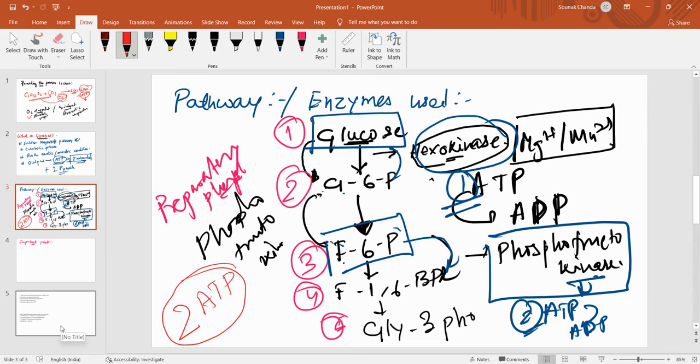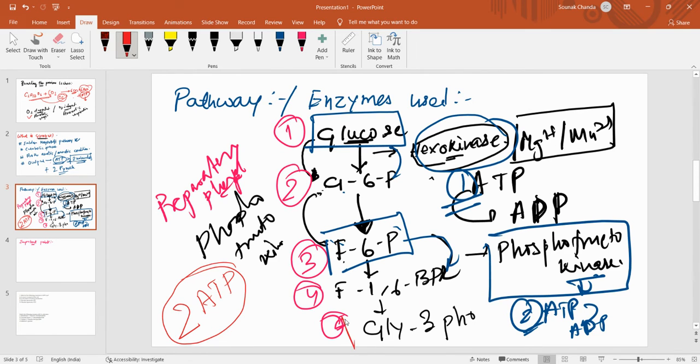Next, phosphofructokinase converts it into fructose 1,6 bisphosphate, and this kinase represents ATP, we all know. So two ATP molecules are invested in the preparatory phase.